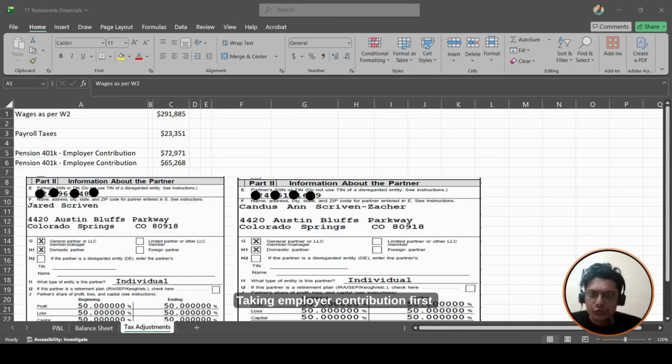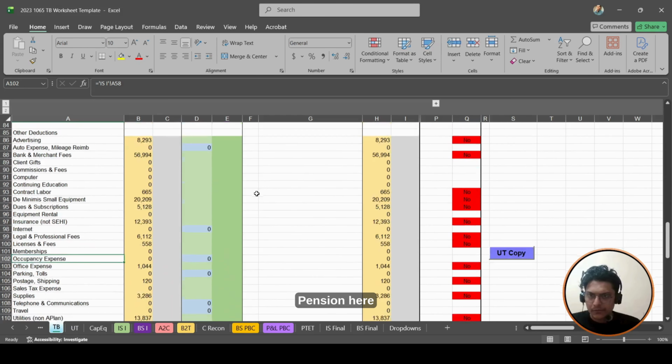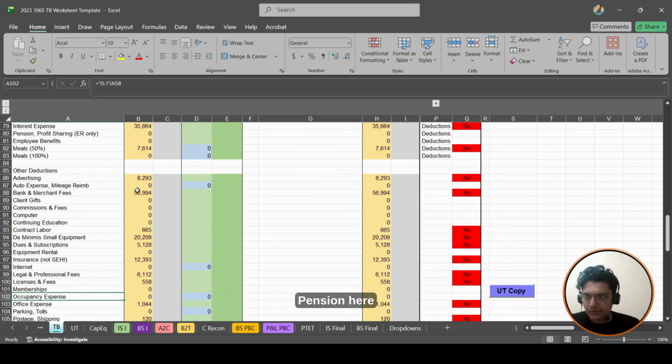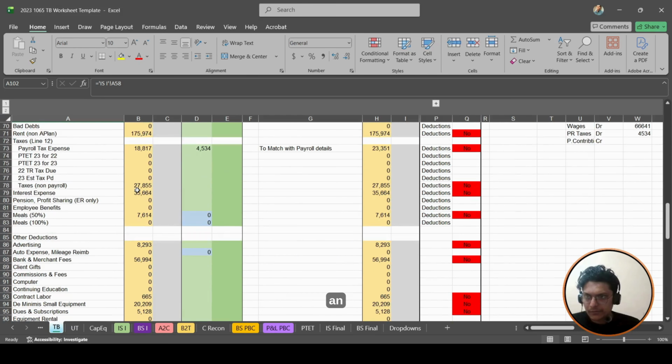Taking employer contribution first, 72,971. 72,971 is the pension here. Income statement.